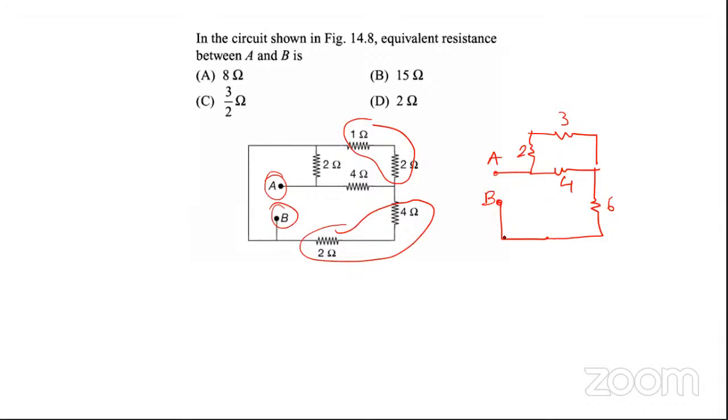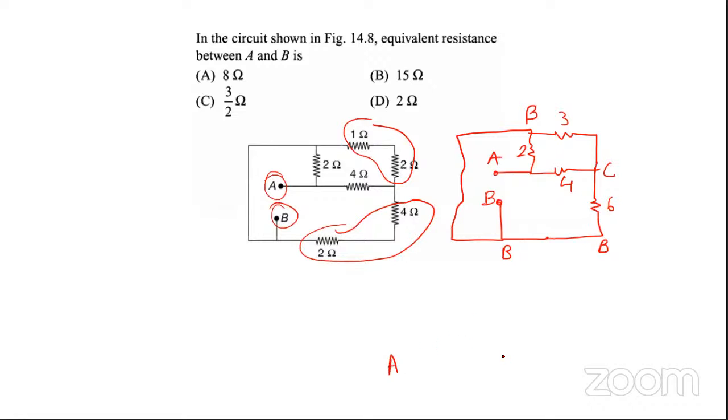And this is connected over here. Now we can name the points at the same potential, like this is B, and this is also B. And there is one separate point over here. Let us name this as C. Now we have 3 points at separate potentials.